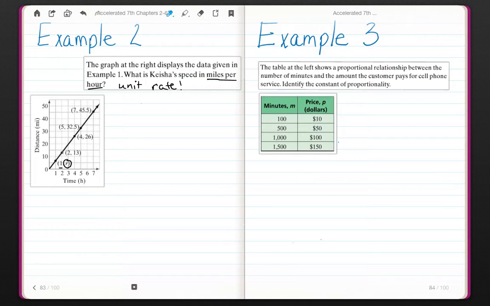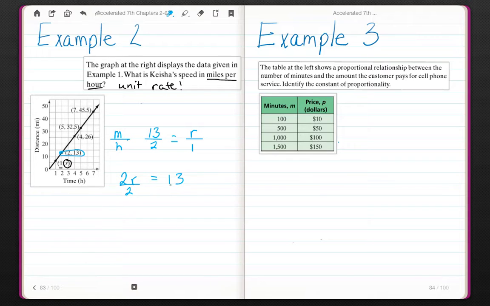Well, let's use 2 hours here. So since it's a unit rate, miles per hour, I need 13 miles in 2 hours. And that's going to equal R miles over 1 hour. So I'm going to use cross products in order to solve this. So 2R equals 13.